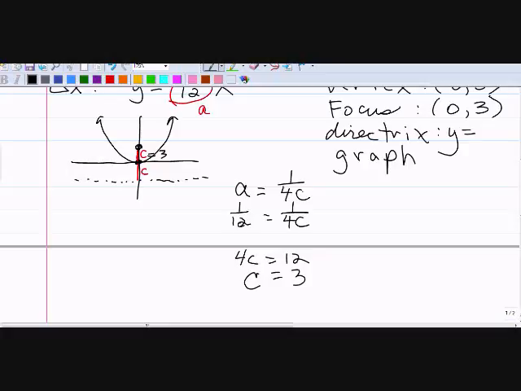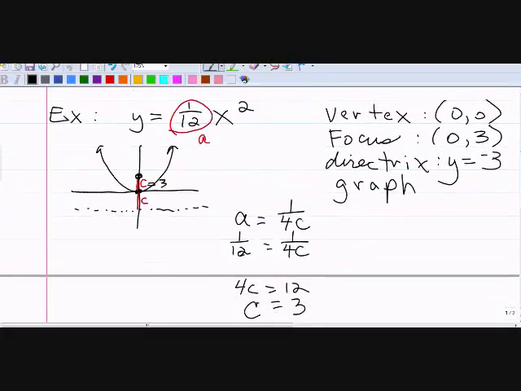It's a distance of 3 from the vertex, but on the other side, not the side with the focus. So that line is y equals -3. So there I have everything. I got my vertex, I got my focus, I got my directrix, and I got a graph.